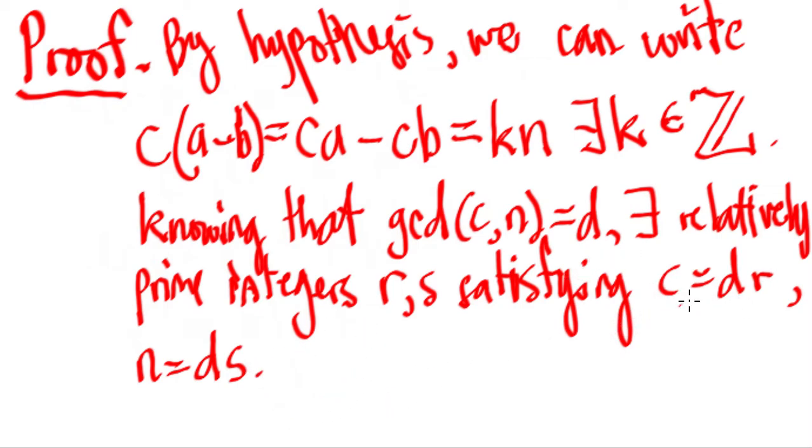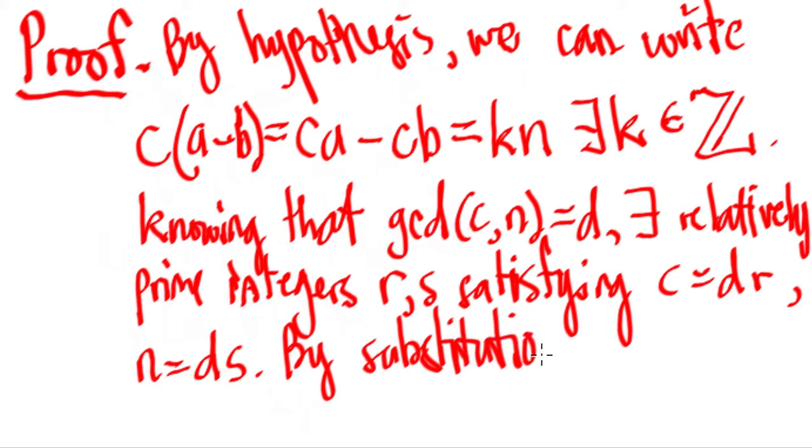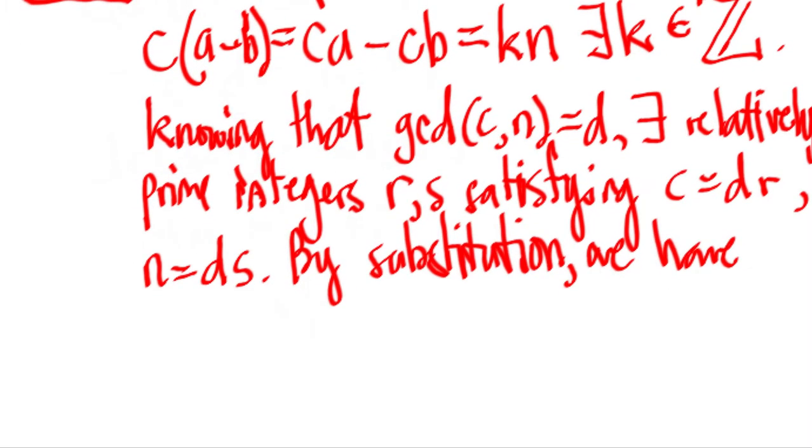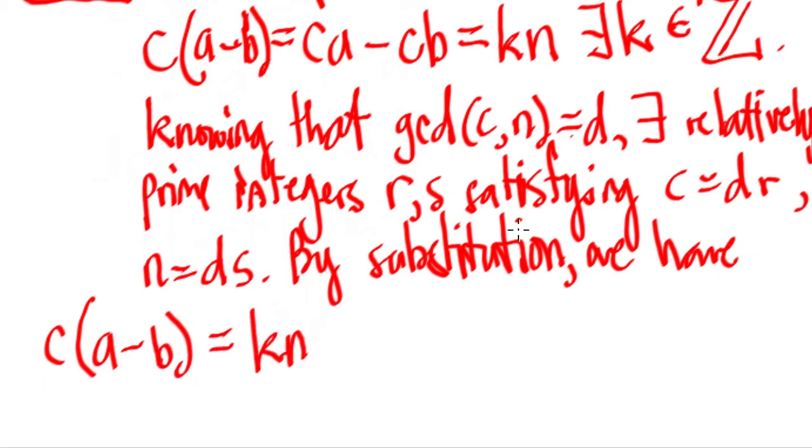So what we're going to do is to substitute these values. By substitution, let's take hold of this last part. What we have is C times (A minus B) equals kn for some k in the integers.